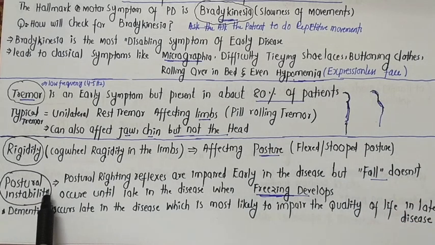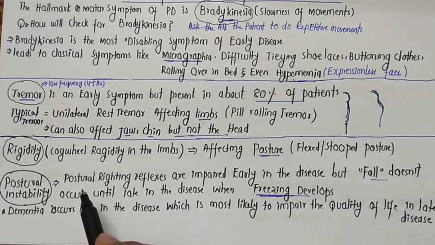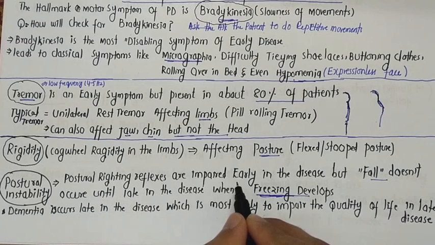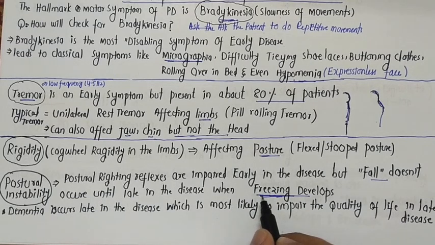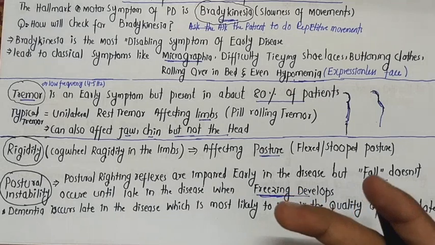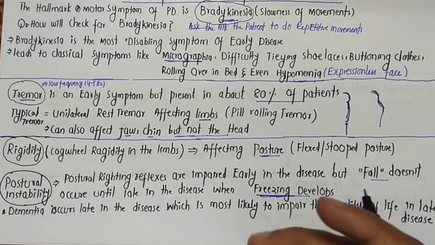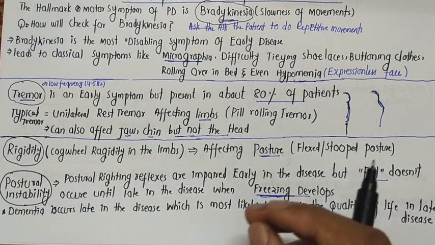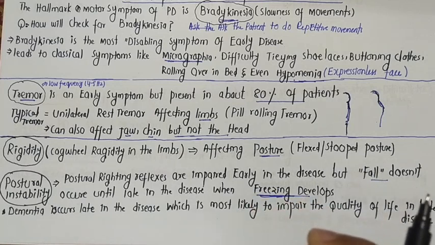And postural instability is another clinical feature of Parkinson's disease, because the postural righting reflexes are impaired, and this occurs early in the disease, but falls don't occur until late in the disease when freezing develops. Now later in this video we will see that when a patient of Parkinson's disease tries to move, it is very hard for the patient to start the movement, and also very hard to stop the movement.